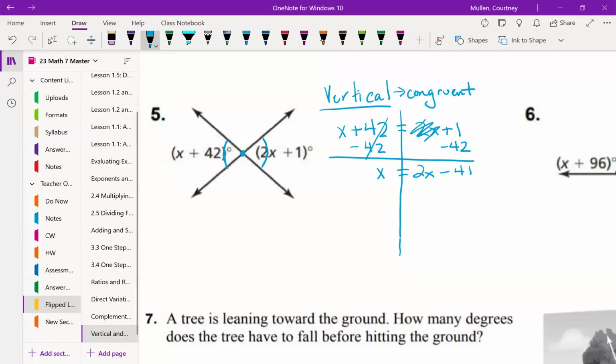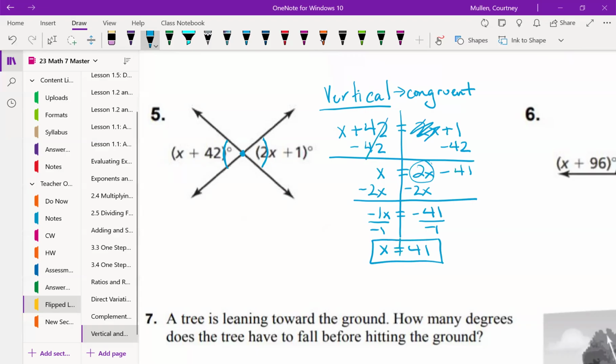So we also need to move this 2x to the other side to collect variable terms on the correct side. So in order to do that, we're just going to subtract the entire term. And x minus 2x is negative 1x. We'll divide by negative 1. And so x equals 41.